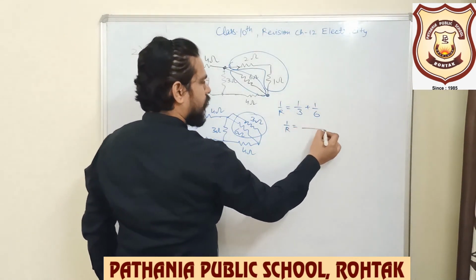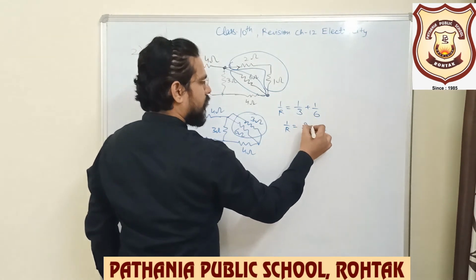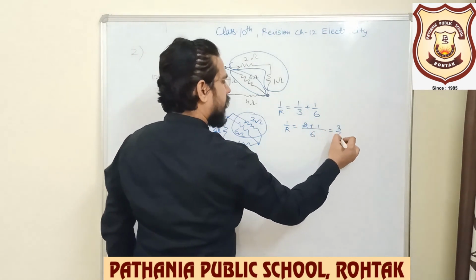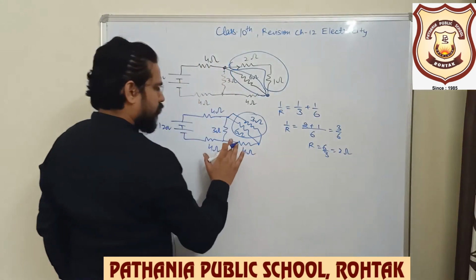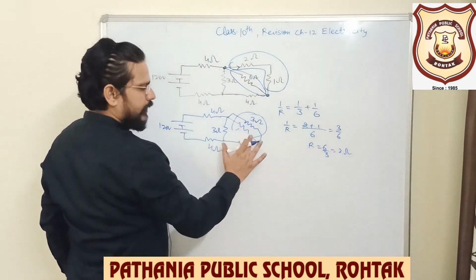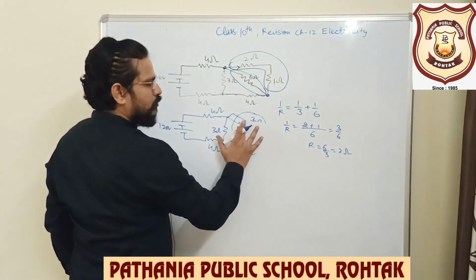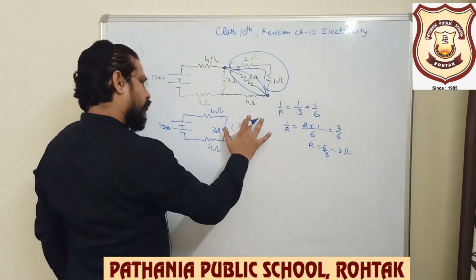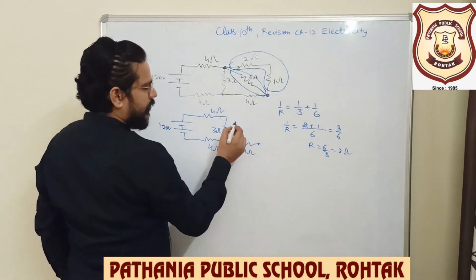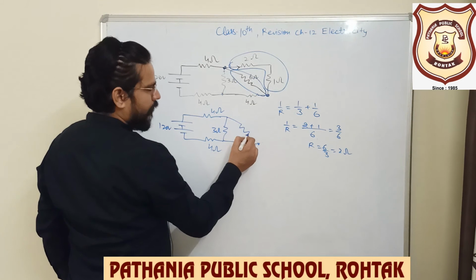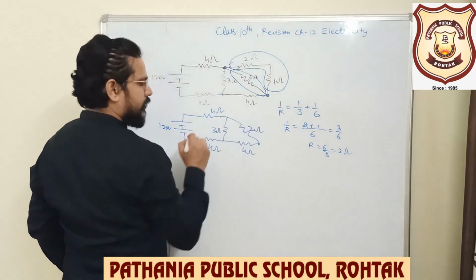So 1 by R is equal to 1 by 6 plus 1 by 3, which is 1 by 6 plus 2 by 6, so it's 3 by 6, or R is equal to 6 by 3, that is 2 ohm. So look carefully, I can replace the 6 and 3 parallel combination between these 2 points, where there is no other resistance, with a single 2 ohm resistance.